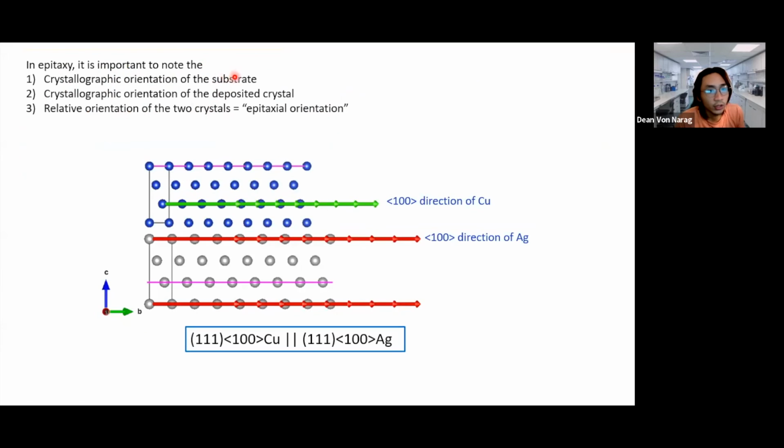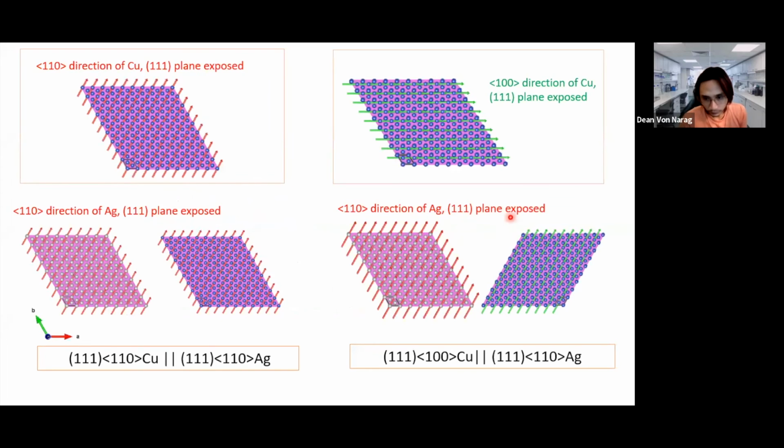So crystallographic orientation of the substrate, crystallographic orientation of the deposited crystal, and the relative orientation or the epitaxial orientation of the two crystals. Okay, so in general, the epitaxial orientation is determined by the condition of the minimum free energy of the system.